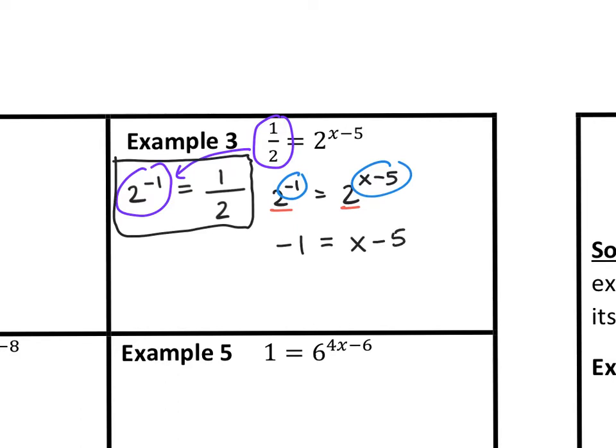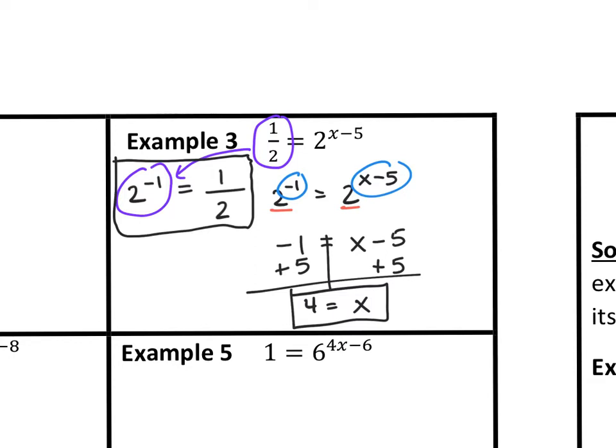That gives me the following expression. And then I want to isolate the variable. So the opposite of subtracting 5 is adding 5 on both sides. And so I get x equals 4. X equals 4.